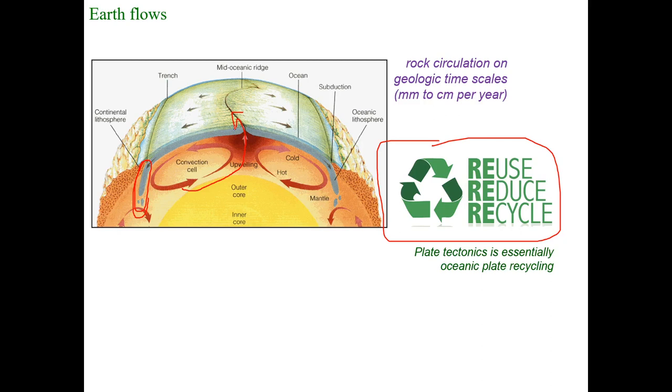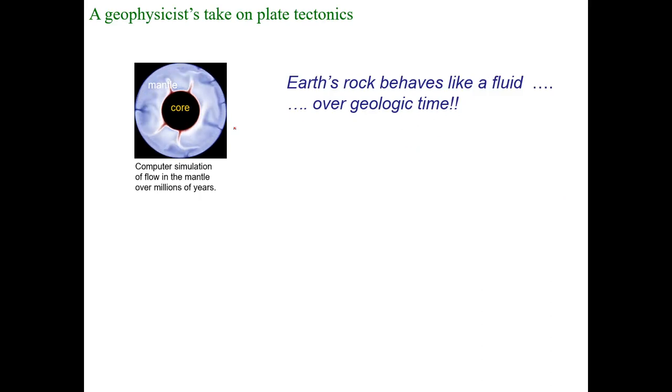Okay. So anyway, that's kind of the review, not of plate tectonics, but of just Earth structure that will help you to understand plate tectonics. So, right, the mantle is convecting. That's an extremely important fact about the Earth. Over geologic time, Earth's rocks really behave like a fluid.